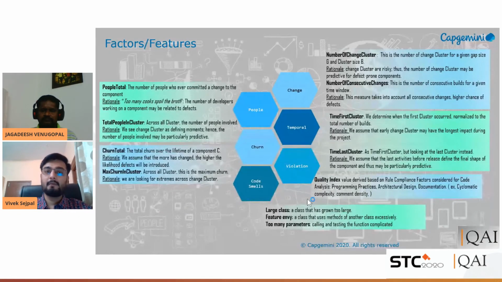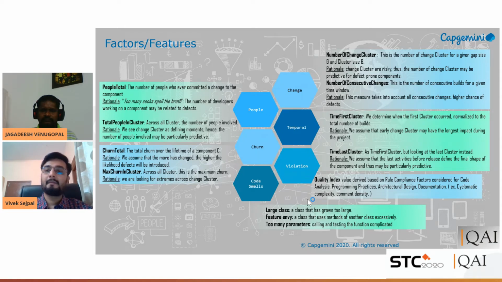Yeah, we can move further, where I will give you a deep dive into some of the factors or features that are a part of it. I will start with the change metrics. In change metrics, we look at the changes that are happening to the repository.